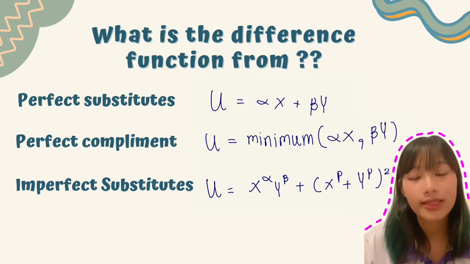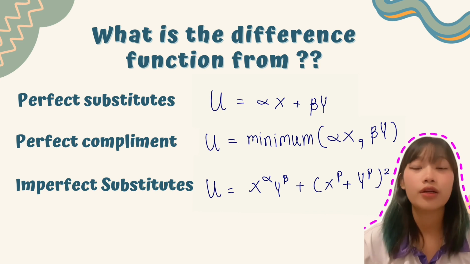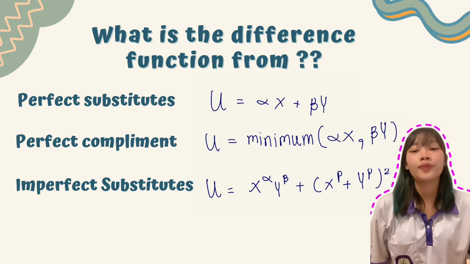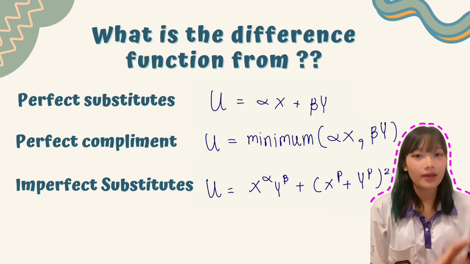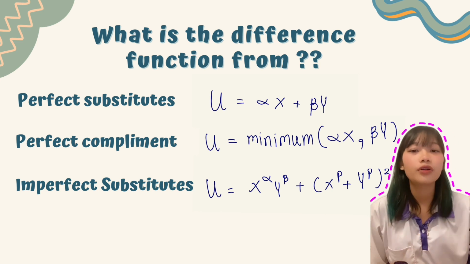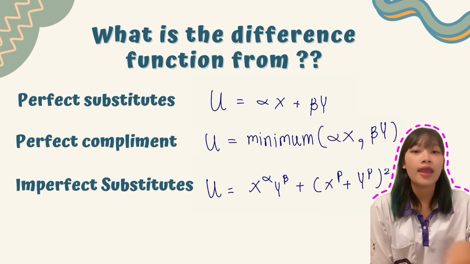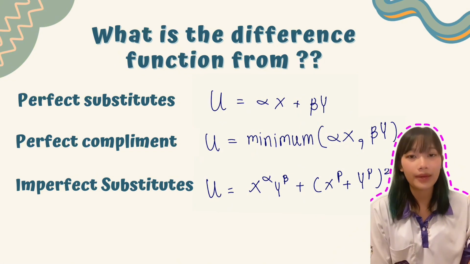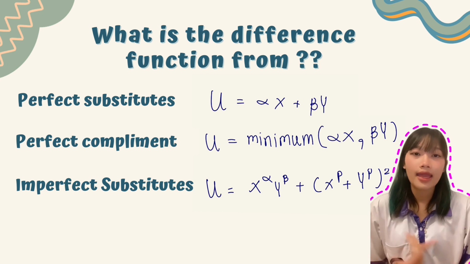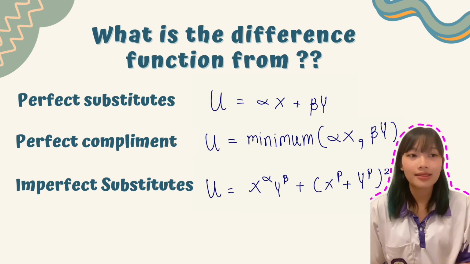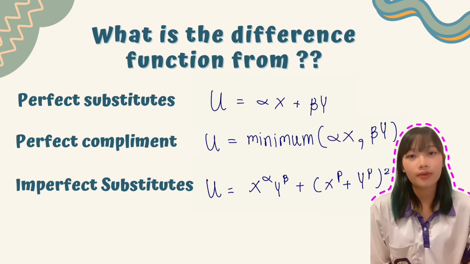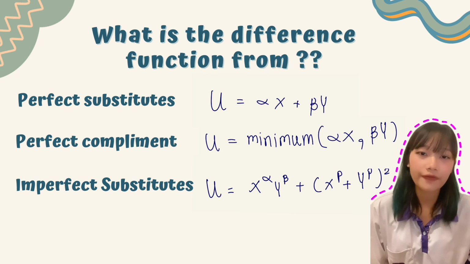So in this case, MRS cannot be defined. Last one, convex indifference curve. The utility is equal to x over alpha times y over beta plus x over p plus y over p. So total is over 1.5.